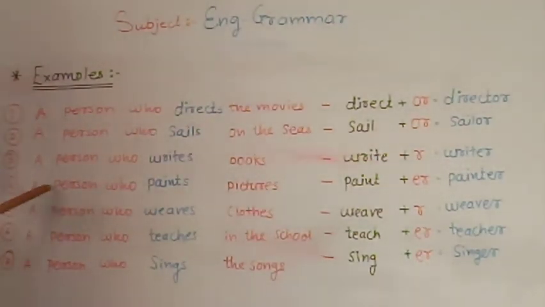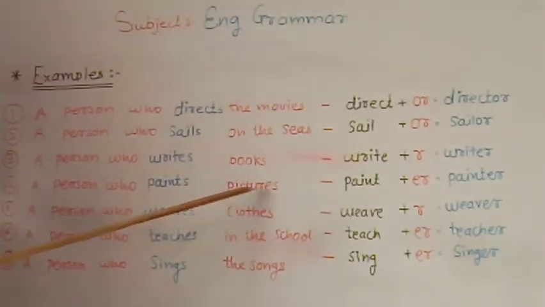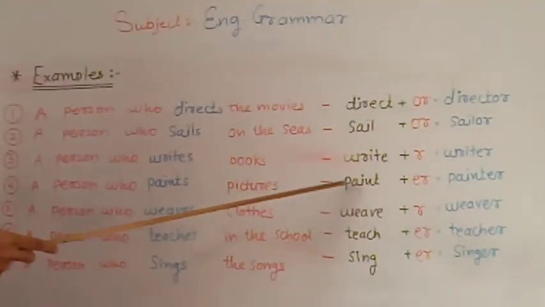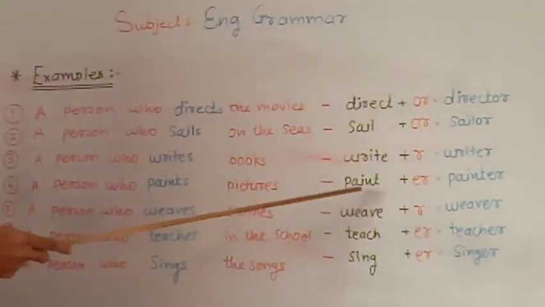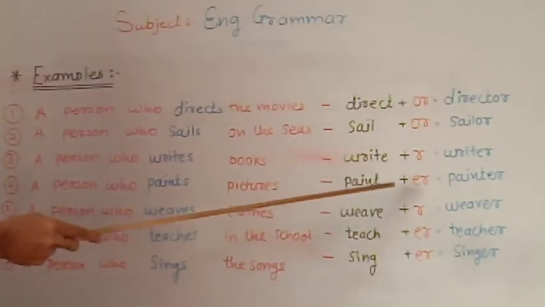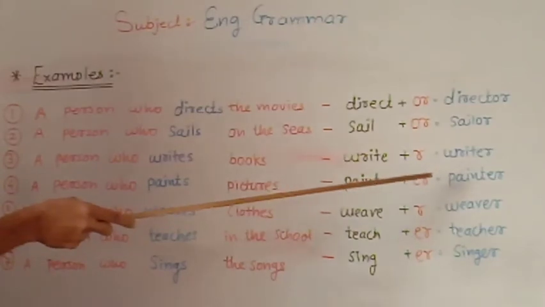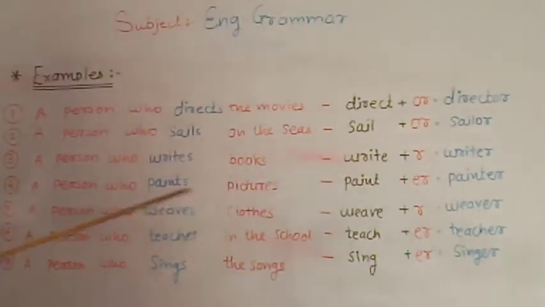Next, a person who paints pictures. In this sentence, paint is an action word, means verb. When we added er to the verb paint, it becomes painter, one of the noun.